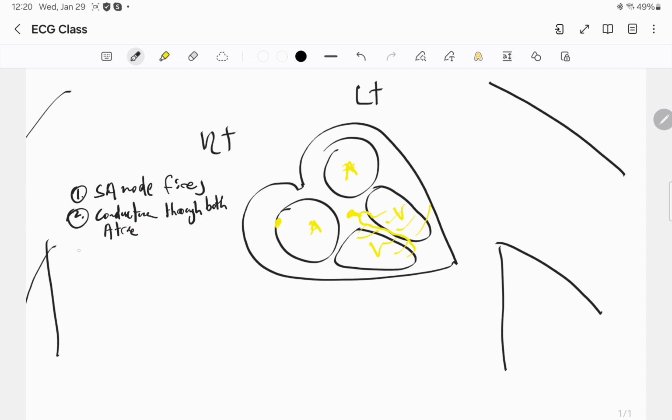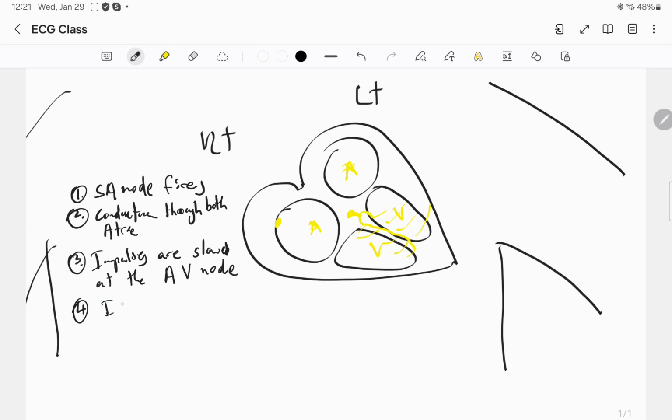All right. 3, impulses are slowed at the AV node.